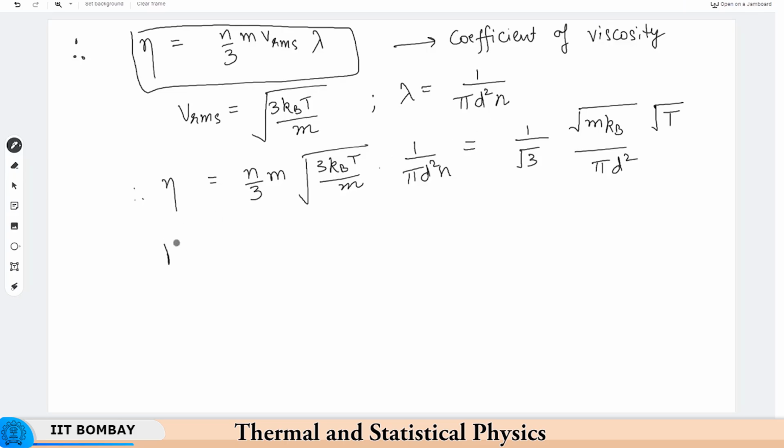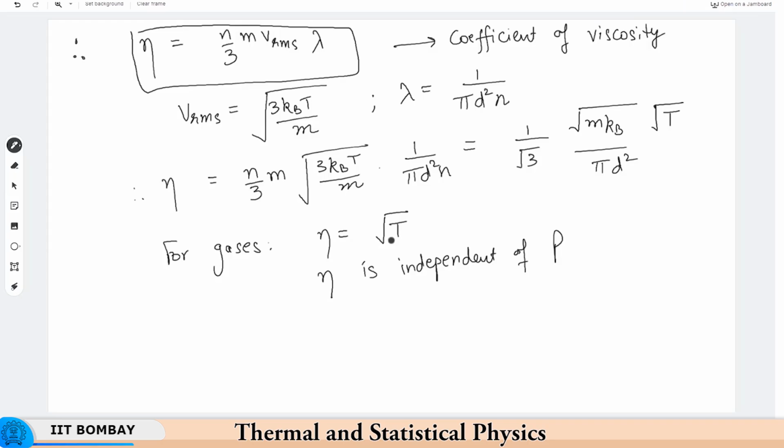So for gases, the coefficient of viscosity has to scale with the square root of temperature, and also eta is independent of pressure.